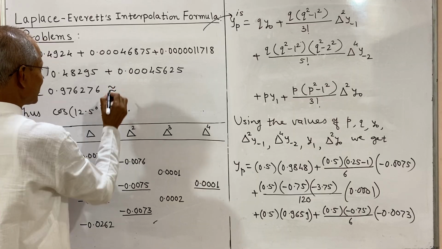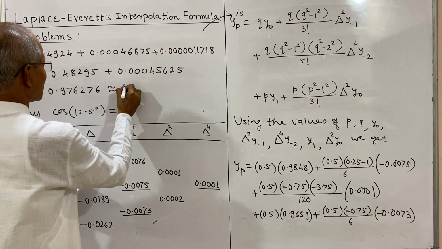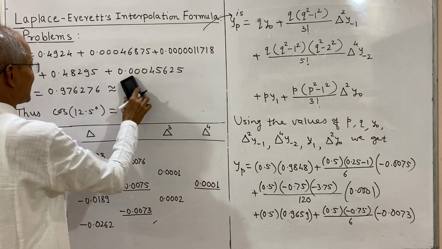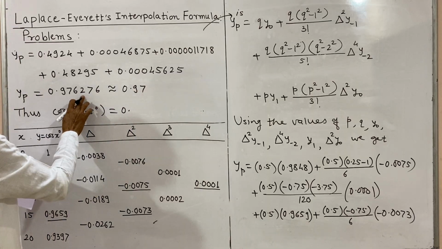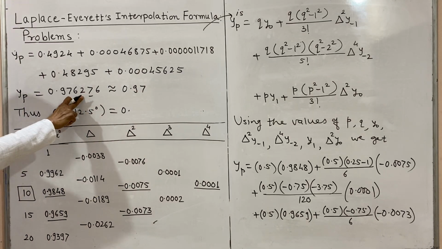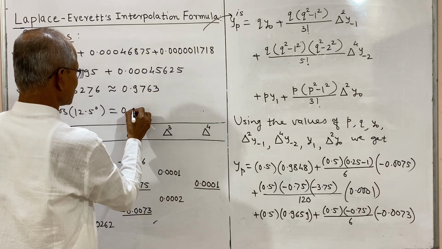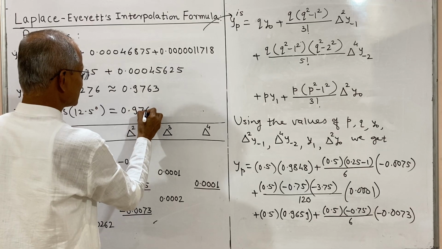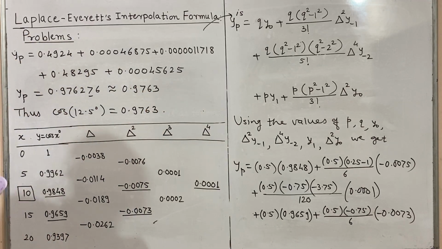This is to be approximated up to 4 decimal places, and that is 0.9762, and the fifth digit is greater than 5, so we increase the value of the fourth digit by 1, and that is 63. So it is 0.9763. This is the answer. So in this way we can use Laplace-Everett's interpolation formula to estimate the required value.